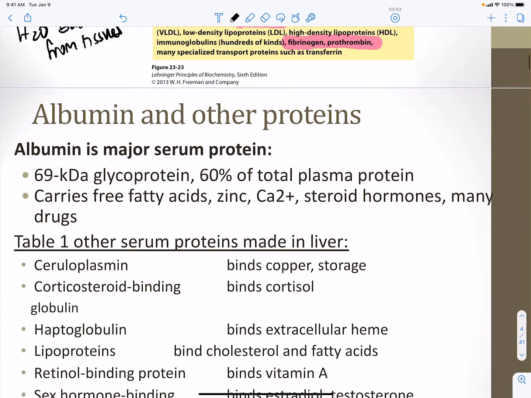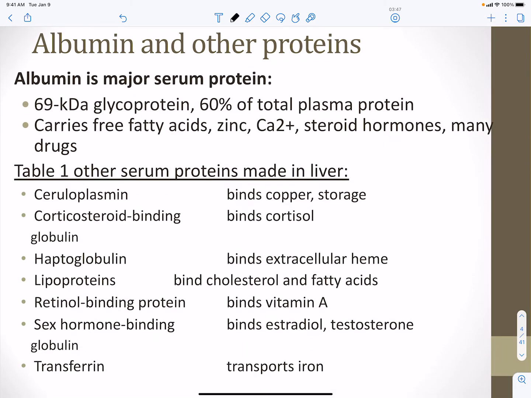Okay, so albumin, as we know, is a major protein in the serum in your blood, and it is about 60% of the total protein that is going to be found in your plasma. It's also made by, of course, the liver. And albumin is able to get things through your blood that might otherwise not.